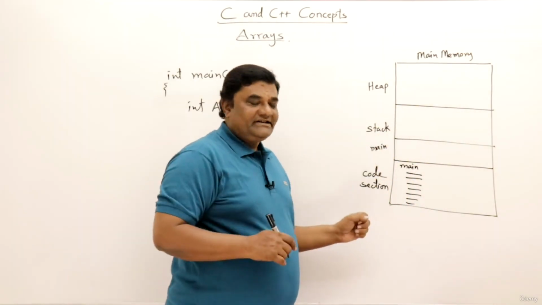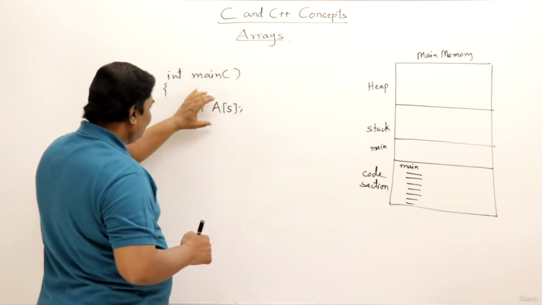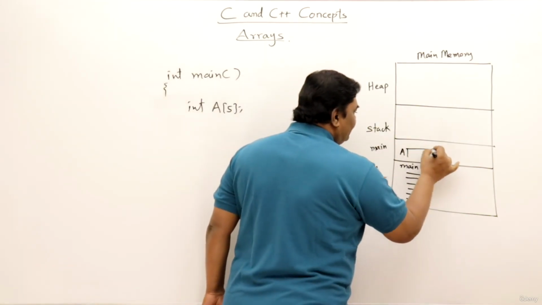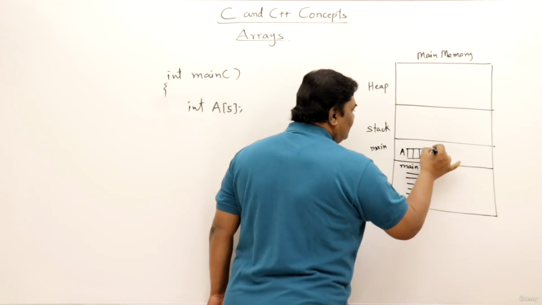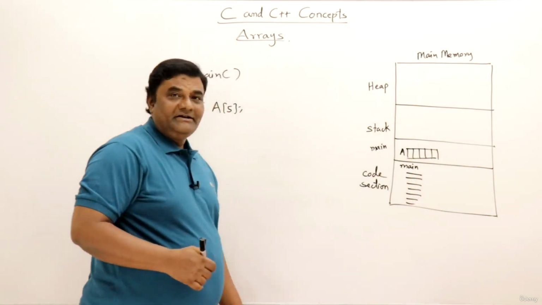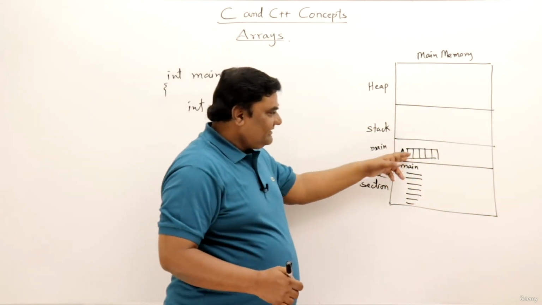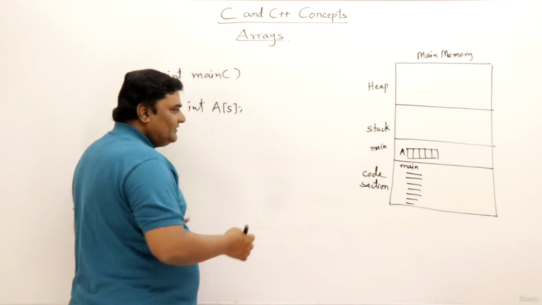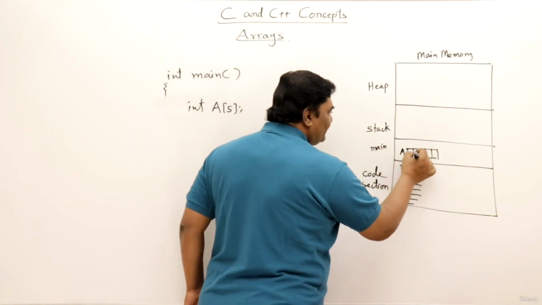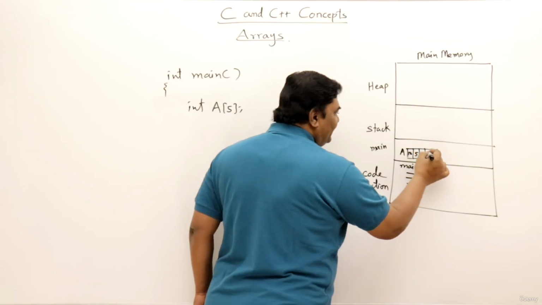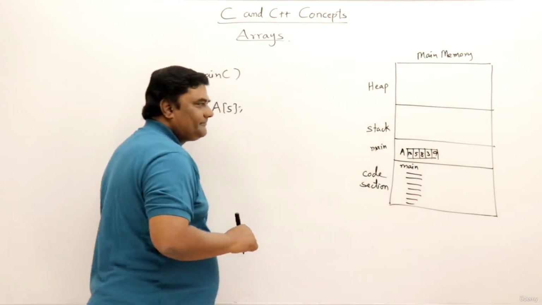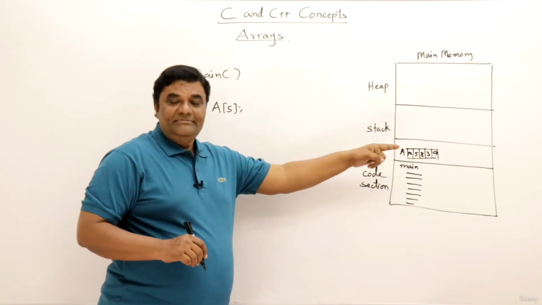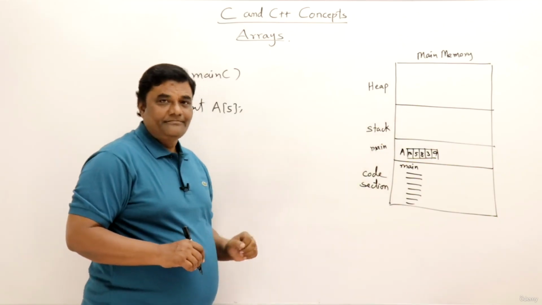The program will be inside the code section, and when any variable is declared, like an array is declared, that array will be created inside the stack. This is where the array will be created, and that array will be directly accessible to the main function. And directly I can store the values, like I have already shown you. I can store some values 10, 5, 8, 3, 9. This is how I can declare an array, and I have shown you where the array will be created in the memory.